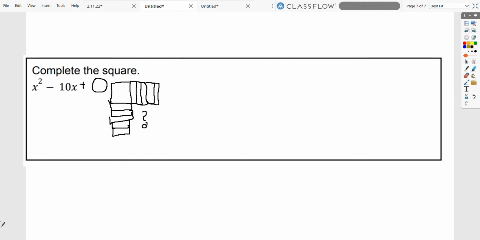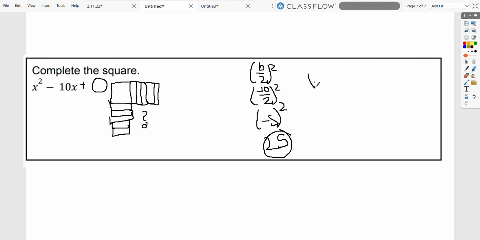Instead of moving the tiles around, let's just do b over 2 squared. The b is negative 10, so we get negative 10 over 2 squared, which is negative 5 squared, which is 25. So when we complete the square, it's x squared minus 10x plus 25, meaning there would be 25 little squares in this section.